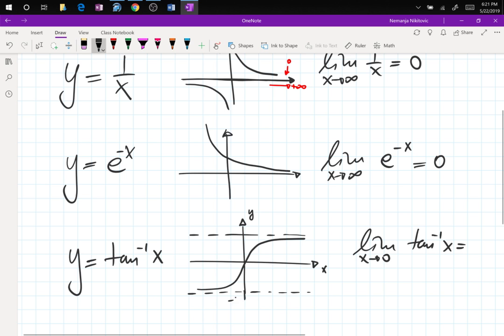Just pi over 2 and negative pi over 2. Good. As x goes to infinity, what do we get? Pi over 2. The limit as x goes to negative infinity of inverse tangent is negative pi over 2. Great.